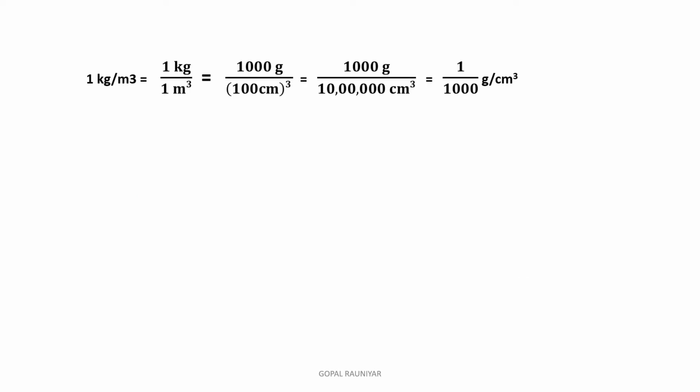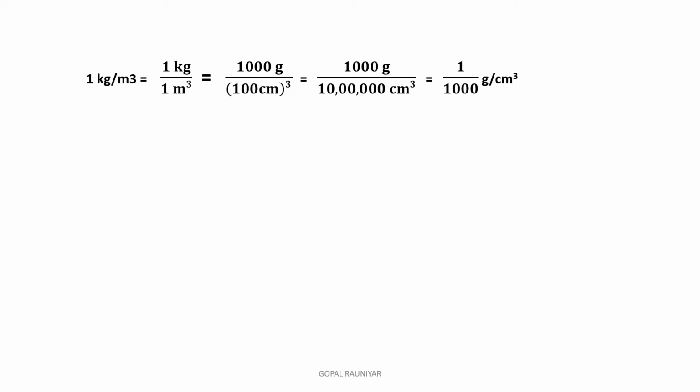Now we will see conversion of SI unit into CGS unit. 1 kilogram per meter cube means 1 kilogram upon 1 meter cube. 1 kilogram is equal to 1000 gram, and 1 meter cube is equal to 100 centimeter whole cube, which is equal to 10 lakh centimeter cube.